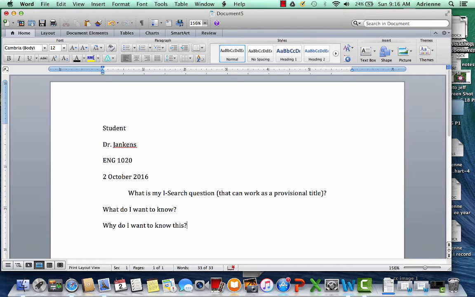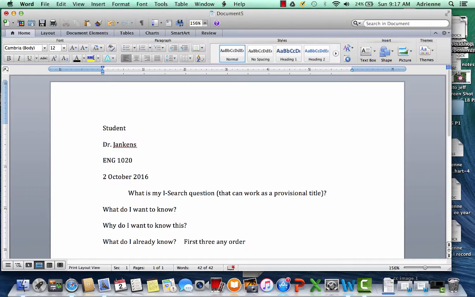Then I need to articulate my motivation, and I need to lay out my prior knowledge. So these three things could actually happen in any order. Keep that in mind. If it makes more sense to you to talk about your prior knowledge and then lay out your Isearch question and then explain your motivation, that's okay.